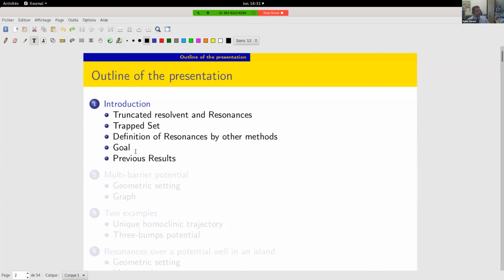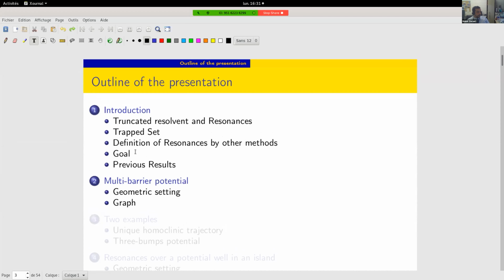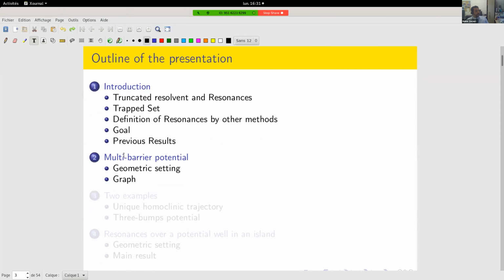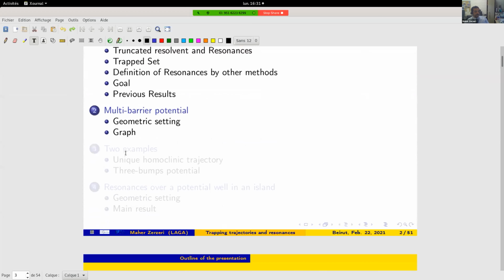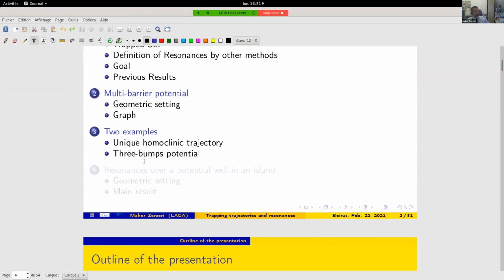The second thing is our main theorem with Bonny, Ramon, and Fourgier, for what we call a multi-barrier potential. For this potential, I give two examples, but there is a lot of variety of geometry here, and a lot of asymptotics of resonances and a lot of phenomena.